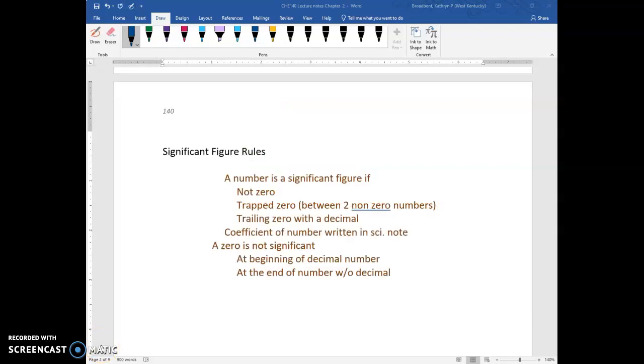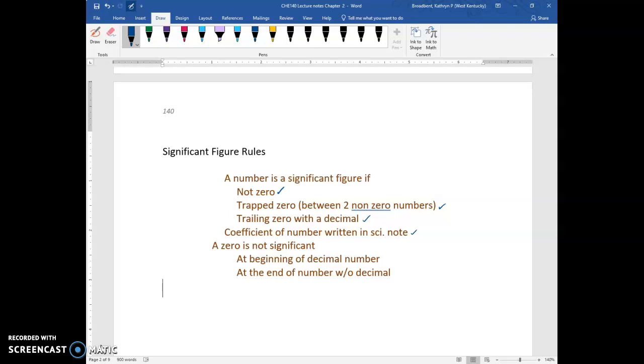So in order to make sure we do this correctly, we follow the significant figure rules. So if we have a number and the digit is not 0, or it's a trapped 0, or a trailing 0, we consider it significant. We consider the coefficient of a number written in scientific notation to be significant. So let's look at some examples of these.